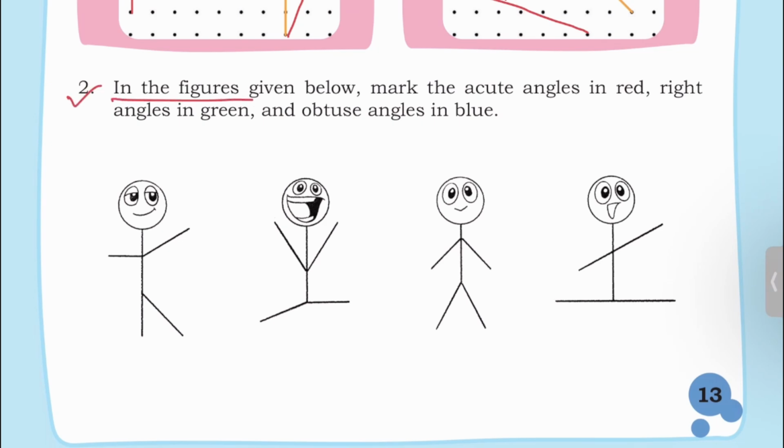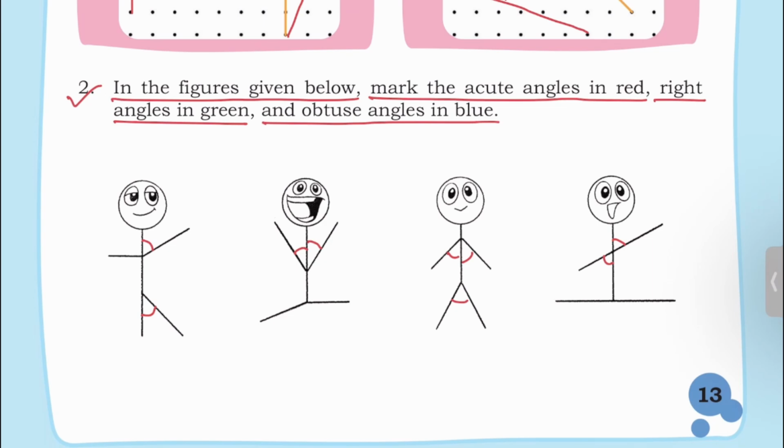2. In the figures given below, mark the acute angles in red, right angles in green, and obtuse angles in blue. You have to mark acute angles in red, right angles in green, and obtuse angles in blue. Acute angles in red like this, like this.